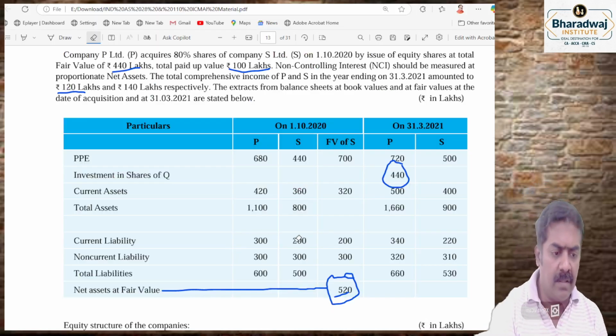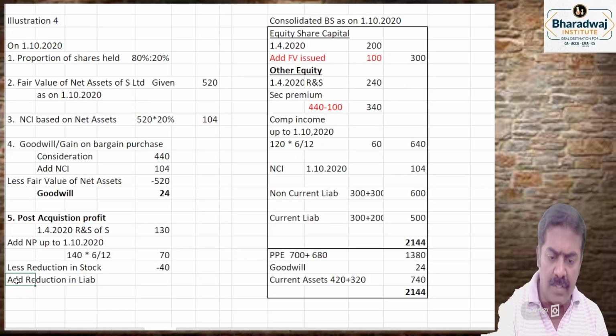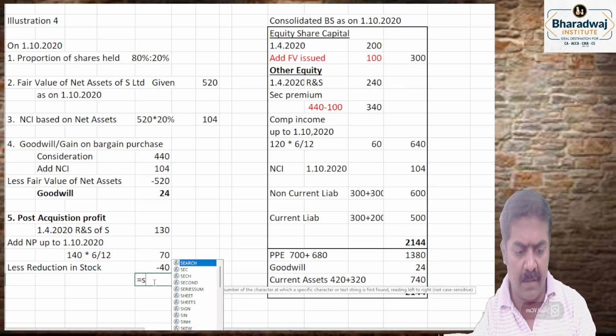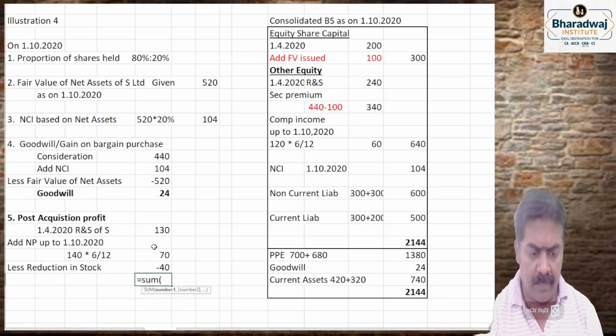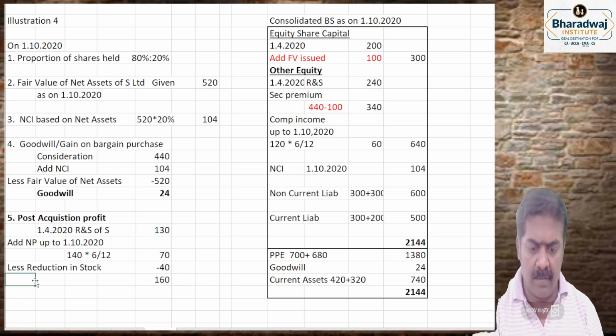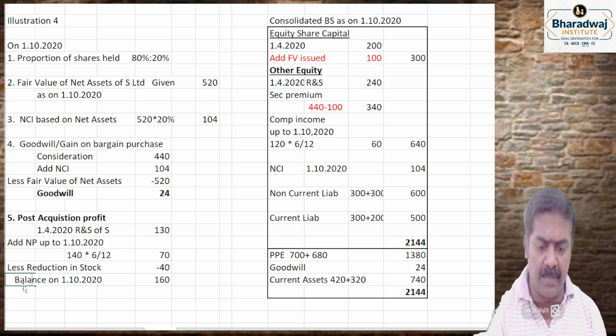Change? Oh, no change. Sorry. This will give us the balance on 1/10/2020. This is a balance on what date?